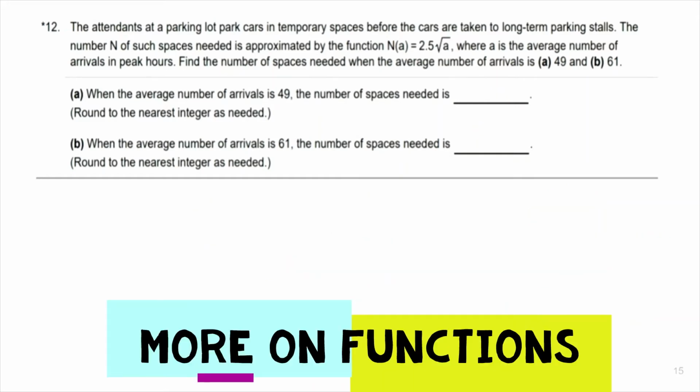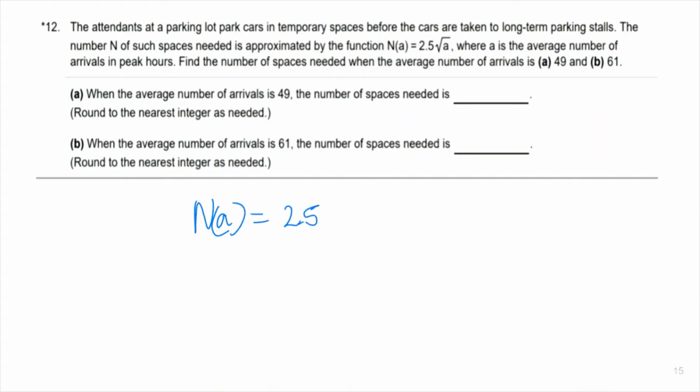And n of a is 2.5 times the radical a. They just want me to find the average number of arrivals when it was 49. So I just substitute 49 for a and replace it.